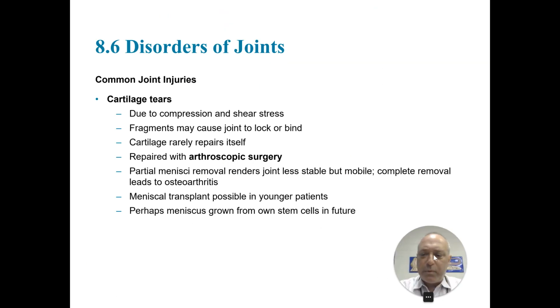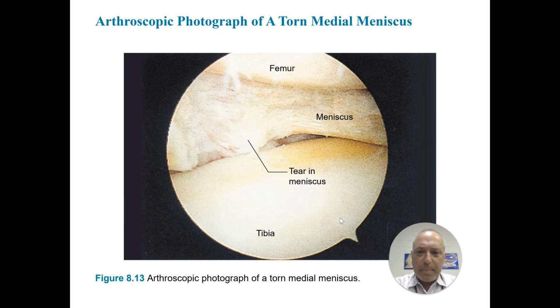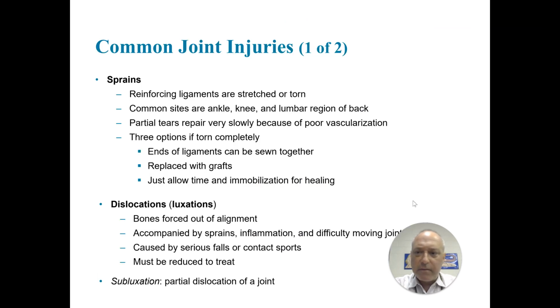So disorders of the joints, really a lot of this is tears due to compression, stress, and they're repaired with arthroscopic surgery. Okay, here is a picture of an arthroscopic probe showing a tear in the meniscus, and they can repair this.